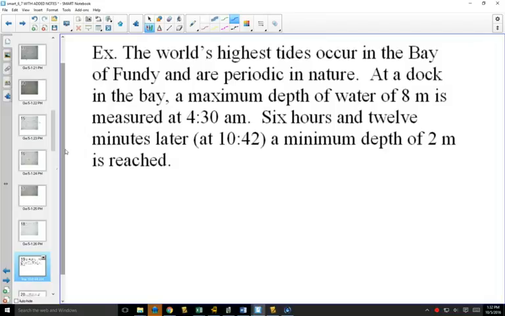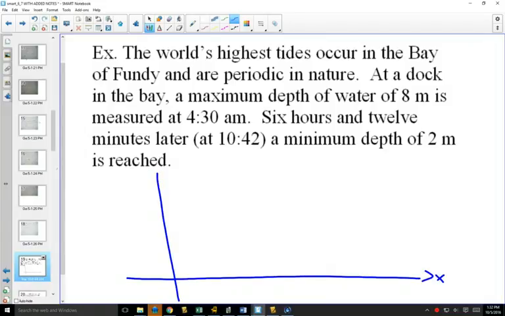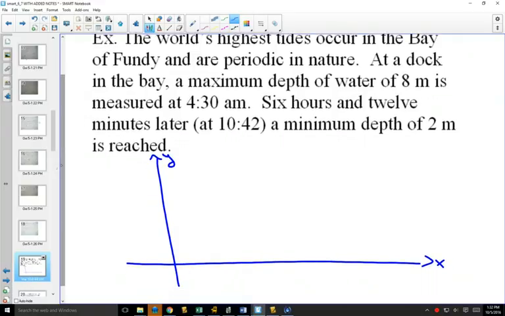So if we're drawing a picture of what's happening here, our x-axis and our y-axis, 4:30 in the morning, and I'm going to write that as 4.5. Does that make sense? We hit our maximum depth at 8.